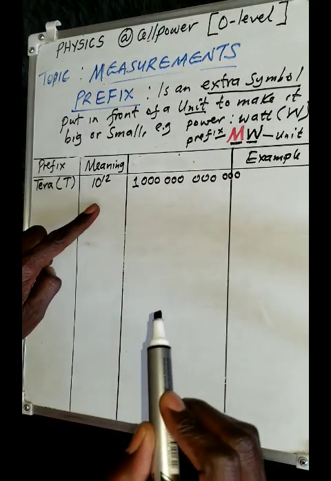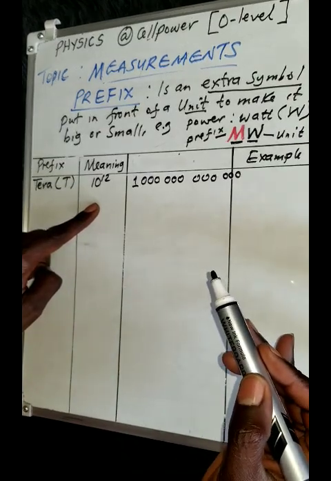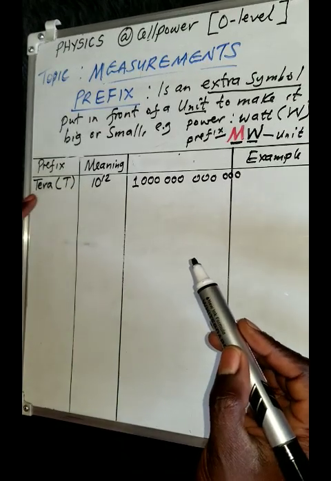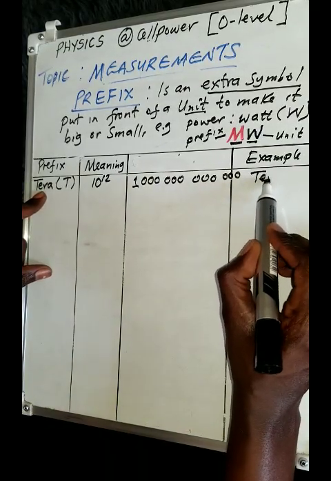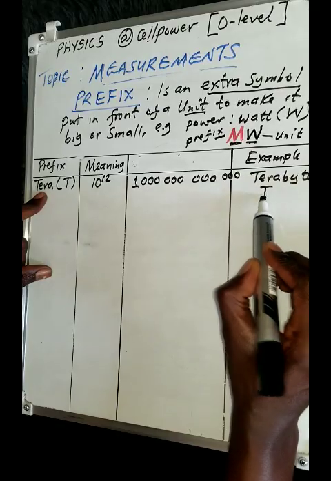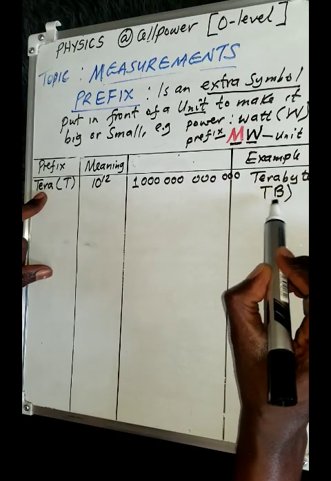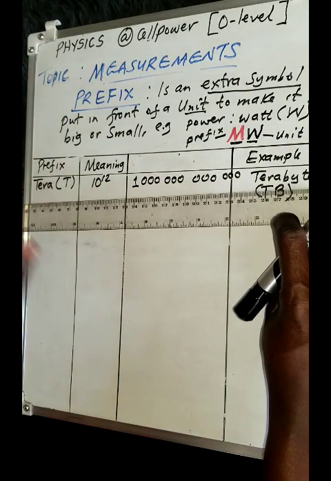That's what tera means. You have heard with your friends, you may talk about how many terabytes do you have? So it simply means tera is going to be in front there. Tera is capital T and bytes is B. That's the meaning of tera that we talk about.